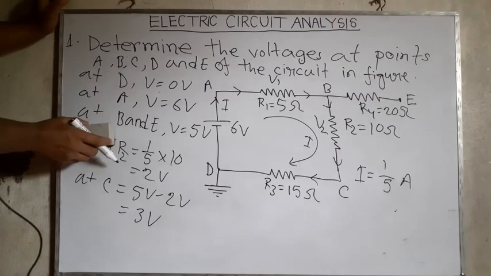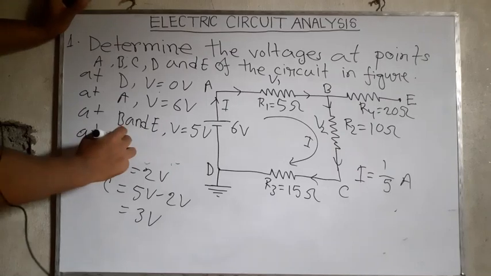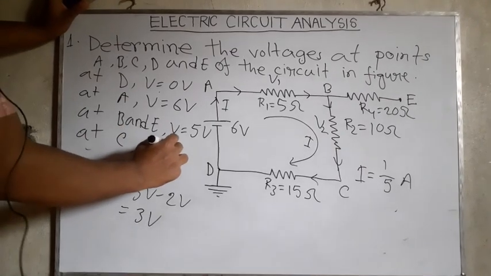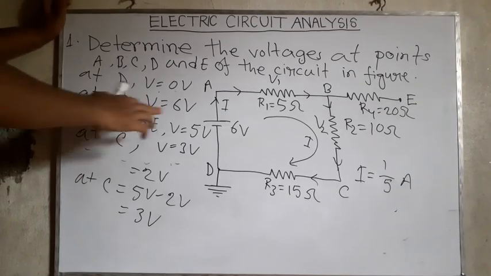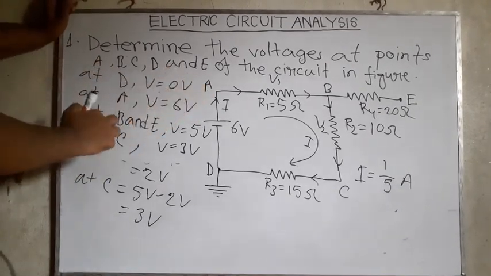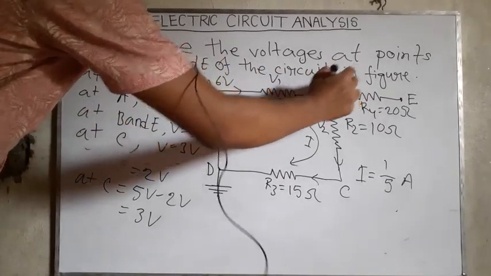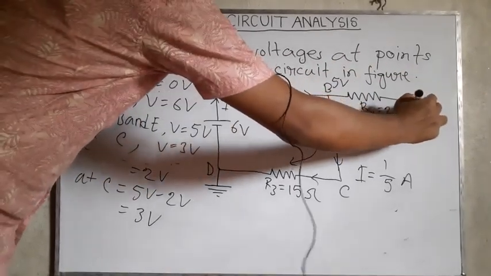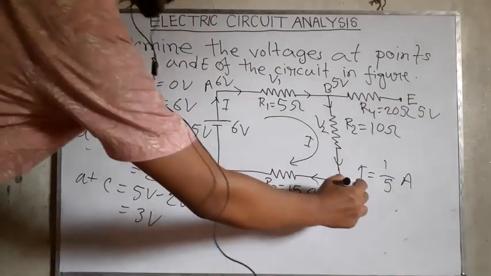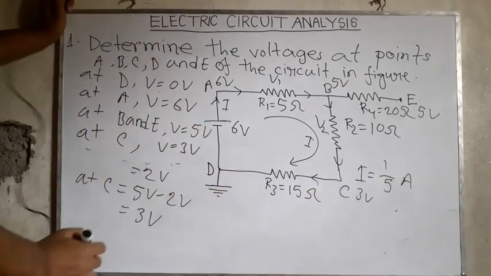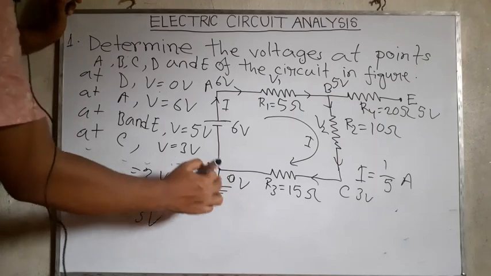That is, at C, V is equal to 3 volt. That is, at point A the potential is 6 volt, at point B 5 volt, at point E also 5 volt, at point C 3 volt, and at point D we know it is 0 volt because this point is connected with the ground.